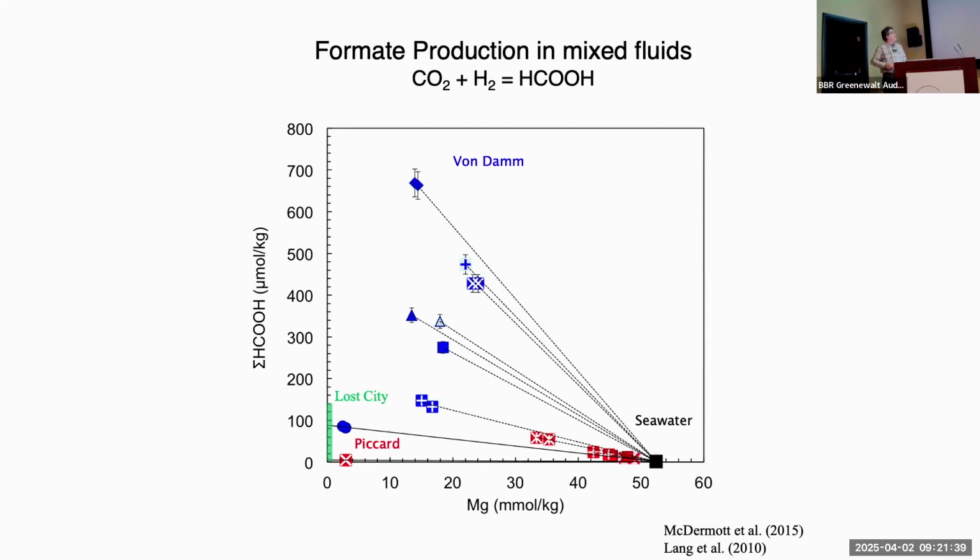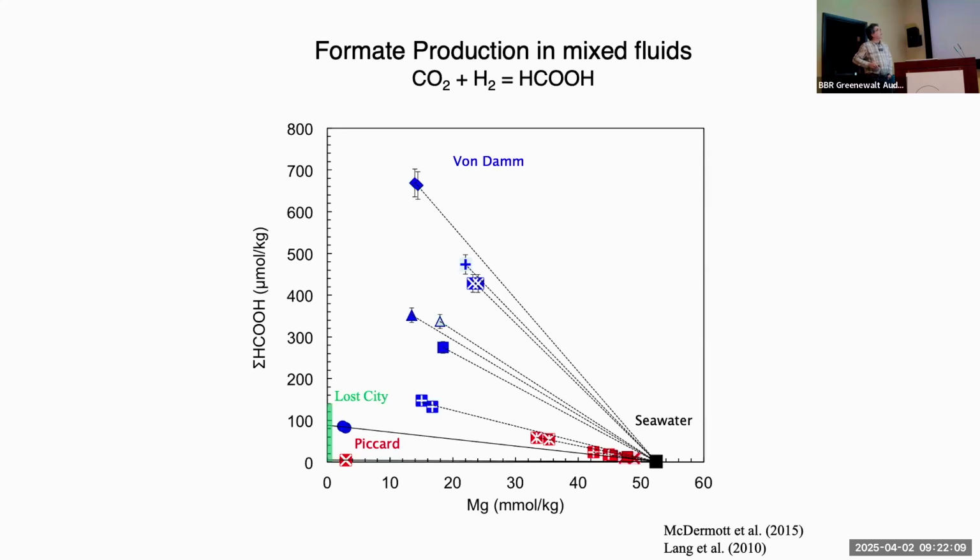What we call an end member fluid will plot on the y-axis here at 0 magnesium, and if you mix in any seawater, you'll get these other mixed fluids. These are the formate concentrations: Von Damm in blue, Piccard in red, and Lost City in green. I didn't plot this with magnesium because it got too cluttered, but that's the range of concentrations at Lost City.